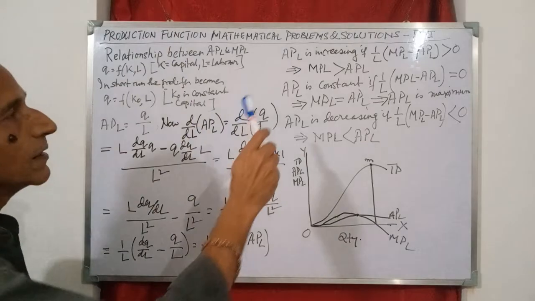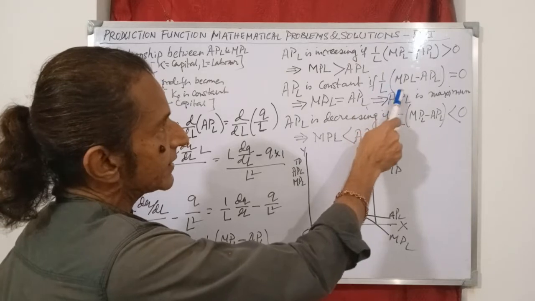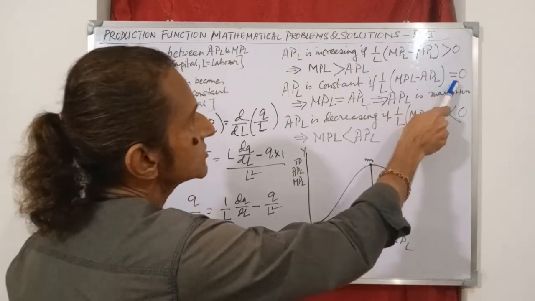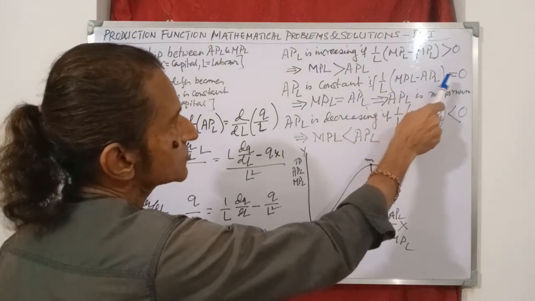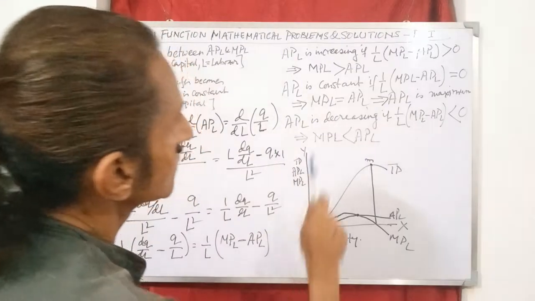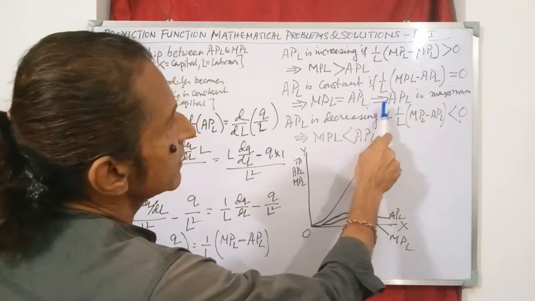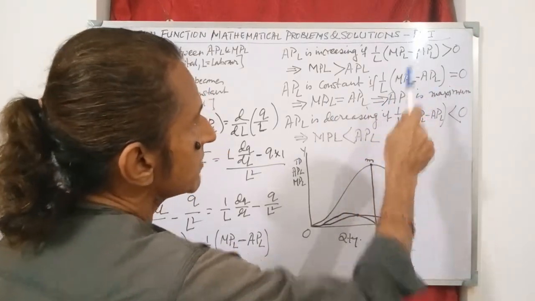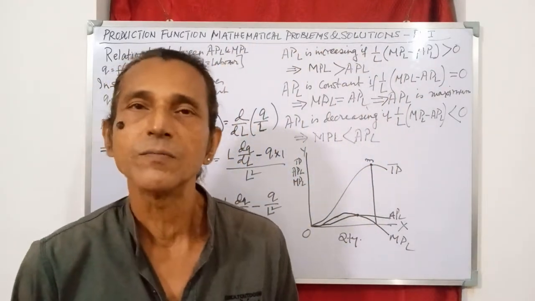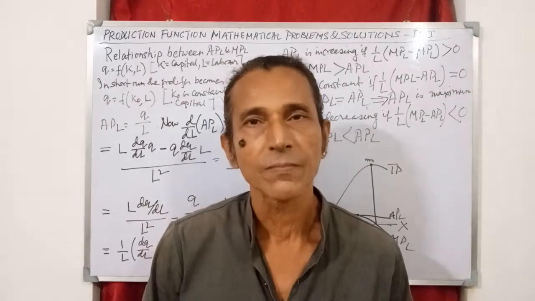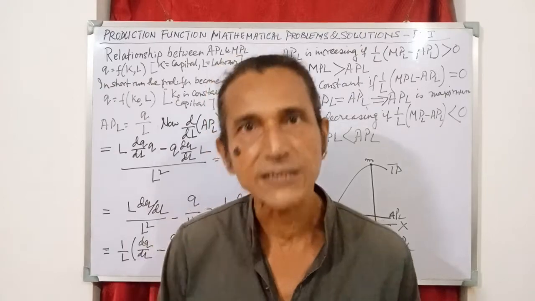Next, APL is constant if 1/L multiplied by (MPL minus APL) equals 0. This means MPL minus APL equals 0 because 1/L is not 0. Therefore MPL is equal to APL. Here APL is maximum, that is, when marginal productivity of labor becomes equal to average productivity of labor, at that point average productivity of labor is maximum.